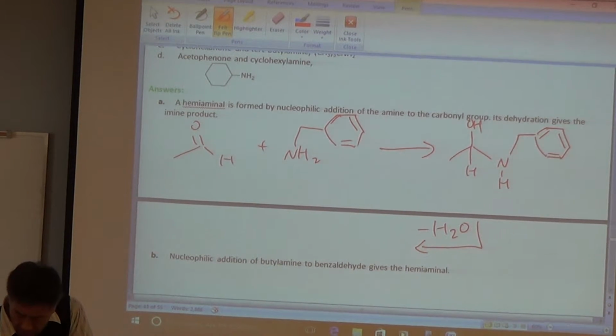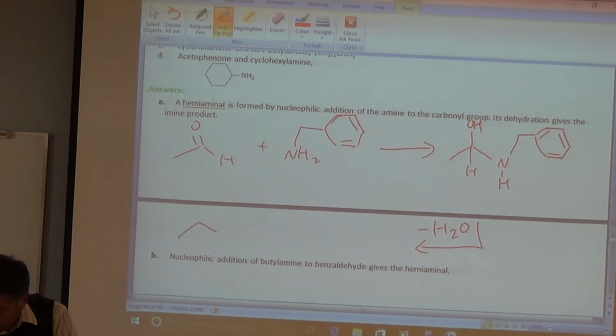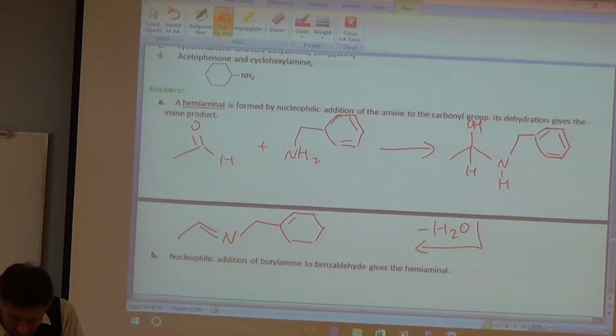And you will produce the double bond between this carbon and your N. Ready?